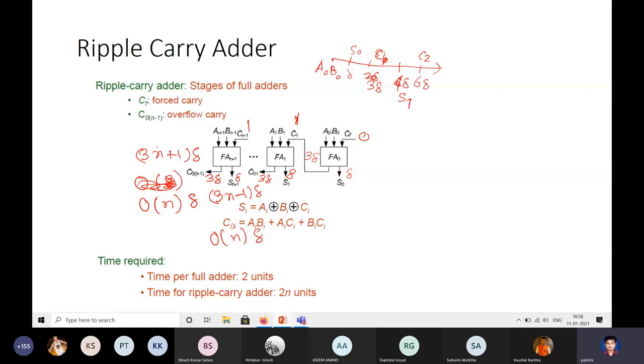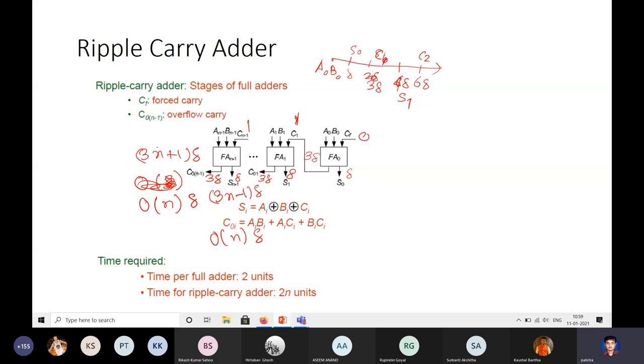You need to wait for some time to get the result. Even though in terms of the number of circuit elements this is a very small representation and you need fewer gates, the delay is high. It's order n delay for n-bit addition.